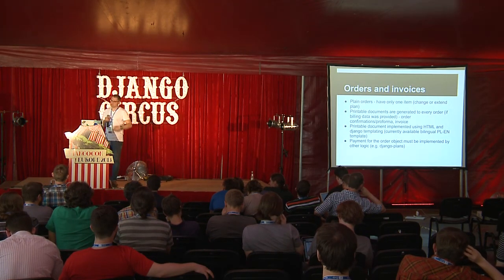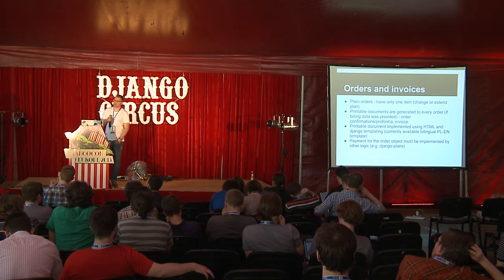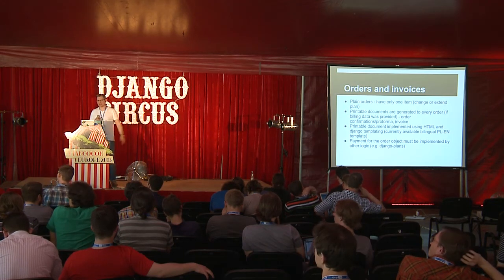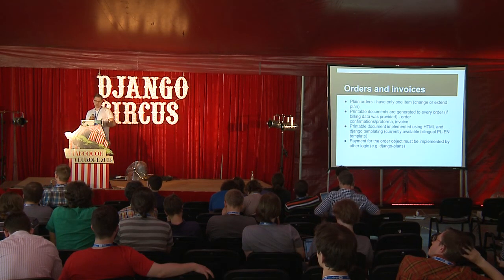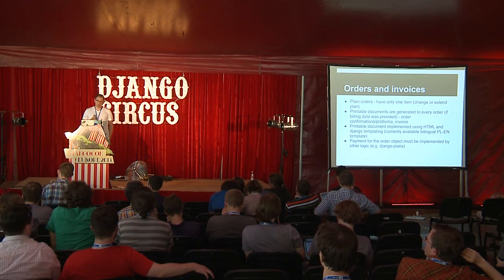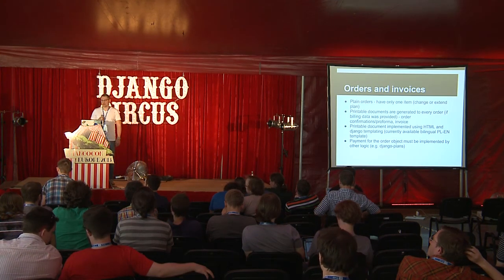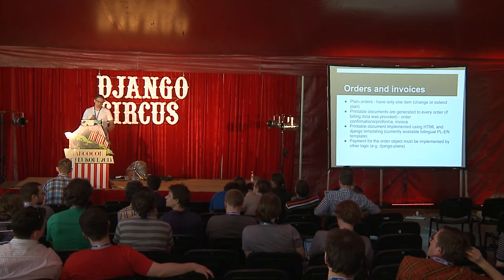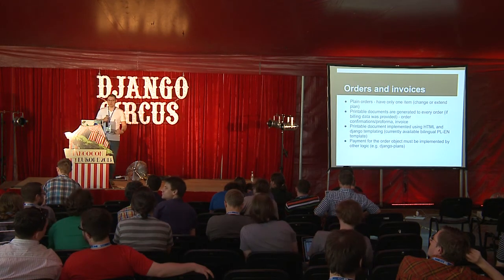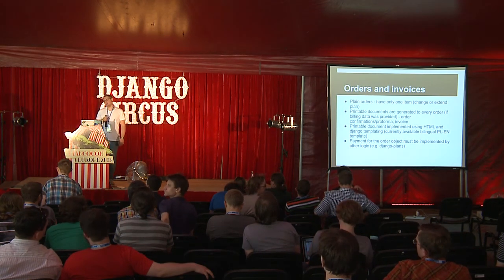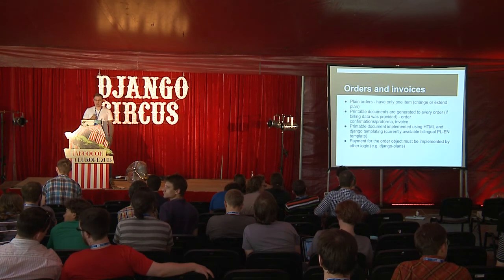After you have these orders and you know that it is paid and you change the status of the order, of course all the emails are sent and so on, and you can do the invoicing. This application gives you the possibility to generate printable documents like order confirmations and invoices, and it's done basically using HTML.